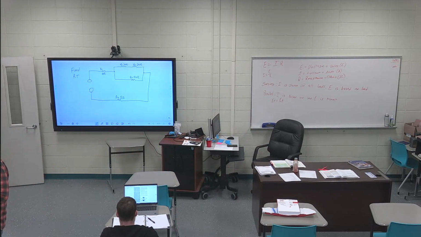Are you trying to figure out what the equivalent is? If you have two 40 ohm resistors in parallel, what's your equation for parallel resistance? Find your equation for parallel circuits and write that down.